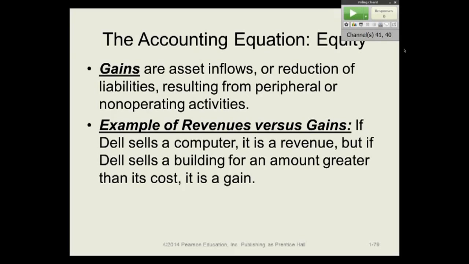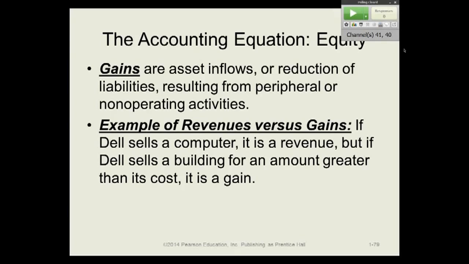So basically, the way we look at this is that we can differentiate the following. We could say that revenue is from normal business operations, and gains from other business activities. Okay, so revenue is from normal business operations.